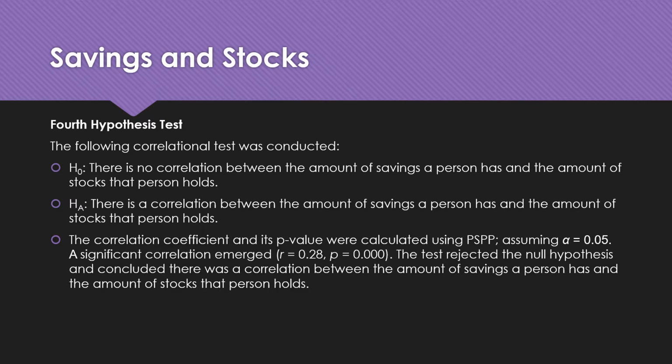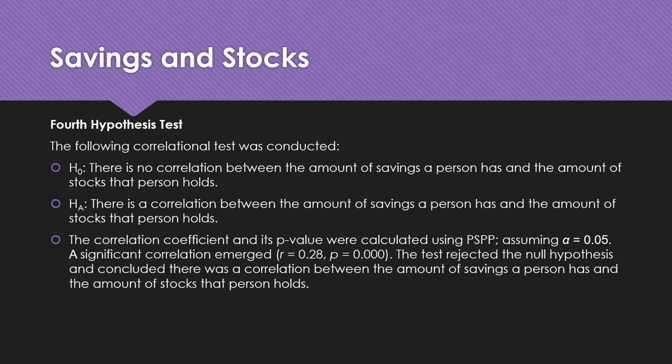The fourth hypothesis tested the relationship between savings and stocks. The null hypothesis states that there is no relationship between savings and stocks. The alternative hypothesis states that there is a relationship between savings and stocks. After the test was performed, a significant correlation emerged, and the null hypothesis was rejected.